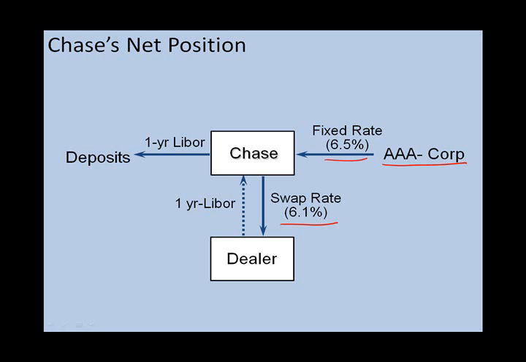Now suppose LIBOR rises up to 7.1%. Can we show that Chase has no exposure to this change in the LIBOR rate? If Chase didn't use a swap, it would be losing money now, because LIBOR is higher than the fixed rate it's receiving from the AAA Corporation.